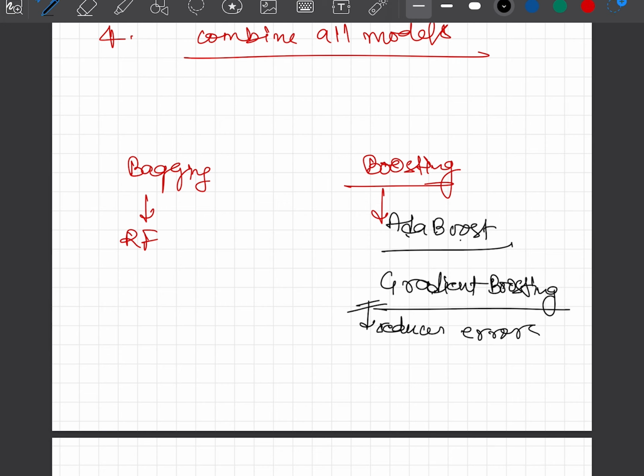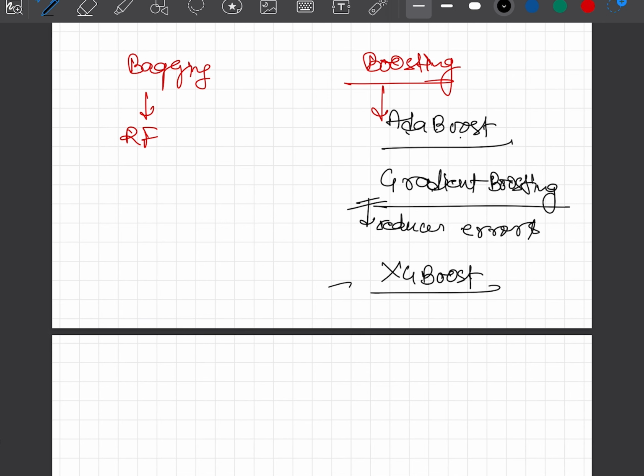Then we have XGBoost, and this is the most commonly used algorithm. It is a complex algorithm, but it is widely used in real-world projects and competitions, because it is fast and it is the optimized version of gradient boosting.